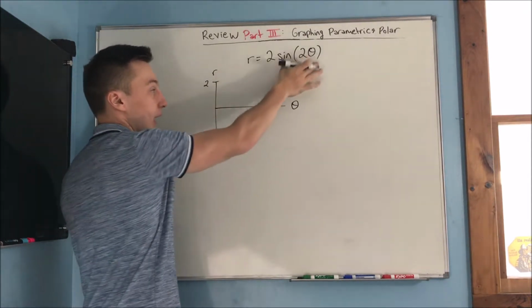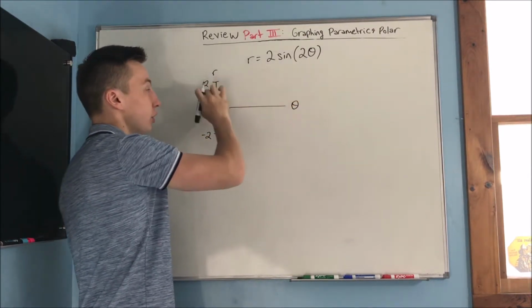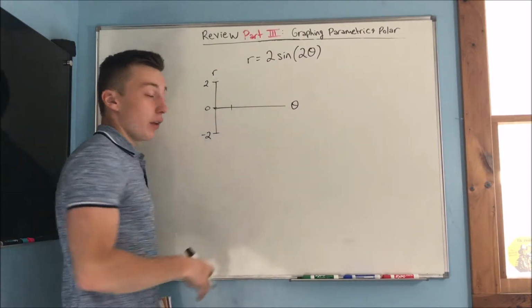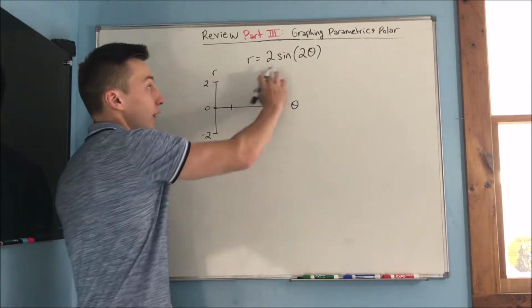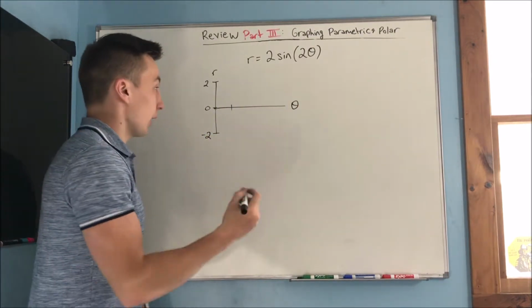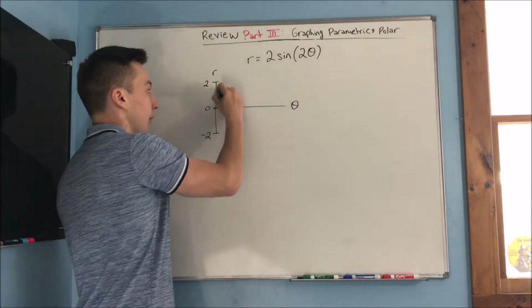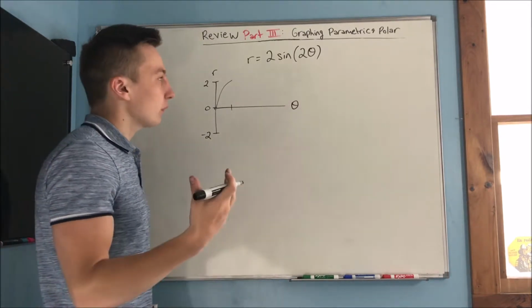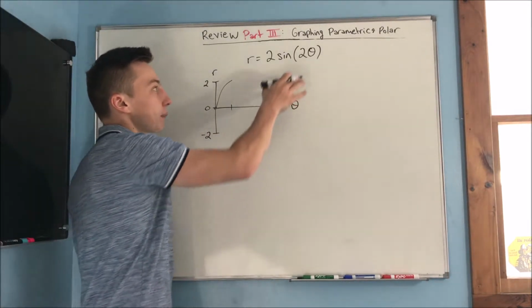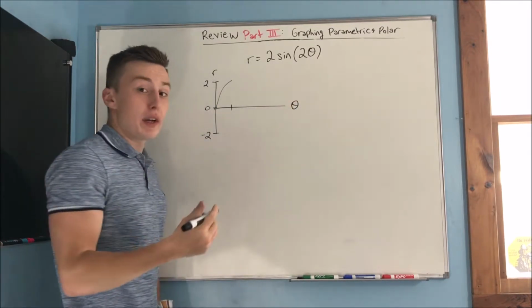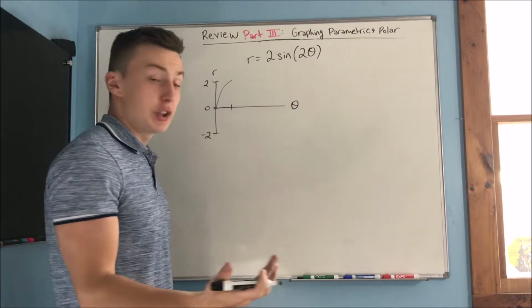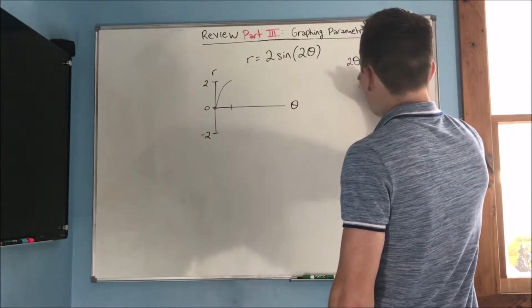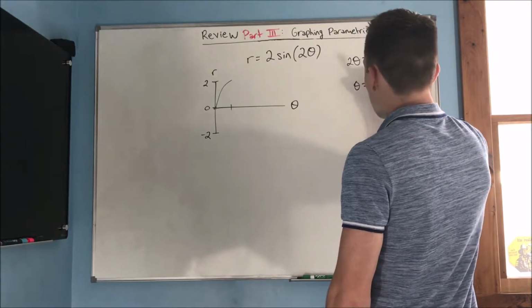The -2 happens when sine of 2 theta becomes -1, and the 2 happens when sine of 2 theta becomes 1. Next, we need to figure out our subintervals on the theta axis. This is where 2 sine of 2 theta is going to become a max. Because this is a sinusoidal graph, where would this become a max? Well, that would be where 2 theta equals pi over 2, because sine of pi over 2 is 1. So you set 2 theta equal to pi over 2, and you get that theta equals pi over 4 when you divide by 2 on both sides.